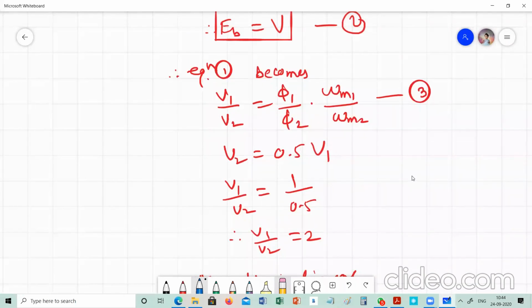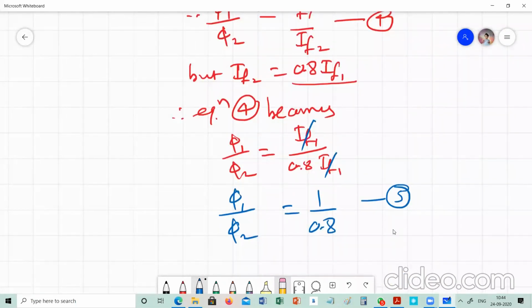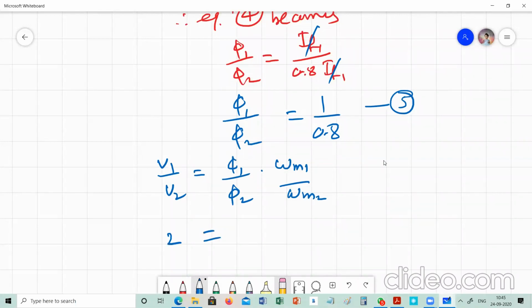So equation number 3 becomes, I will write that equation once again: V1 by V2 is equal to phi1 by phi2 into omega m1 by omega m2. We have calculated V1 by V2 is equal to 2, and phi1 by phi2 is 1 by 0.8.